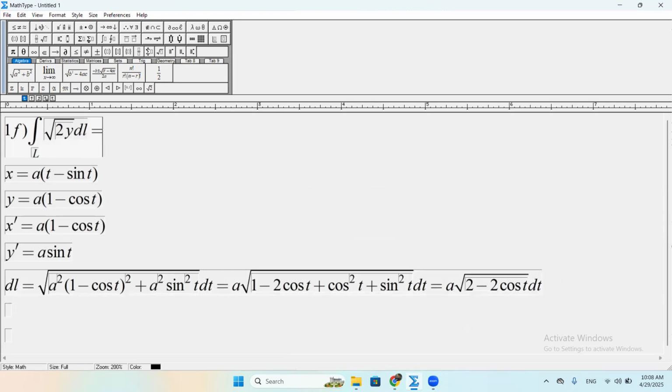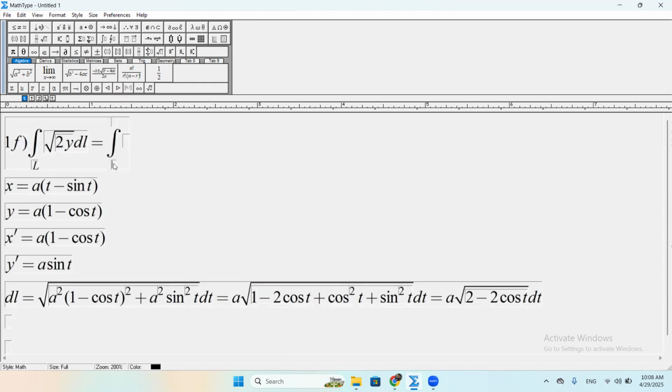We will stop simplifying for now. So t changes from 0 to 2p, then square root of 2 multiplied by this expression.